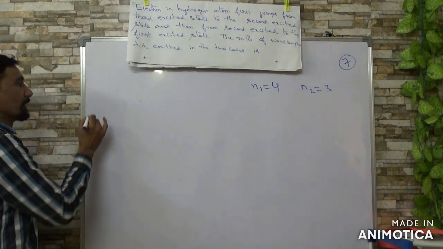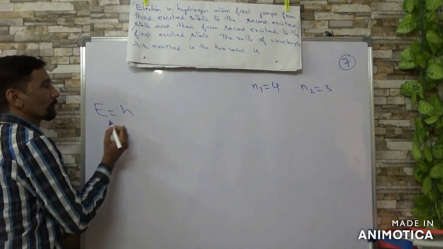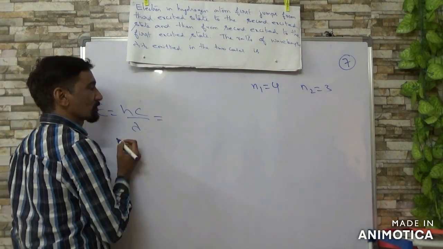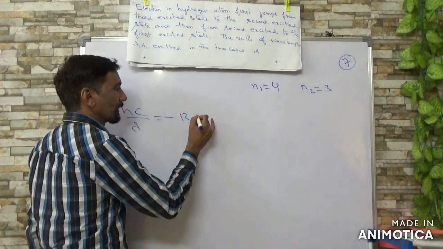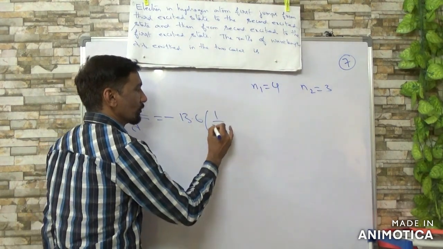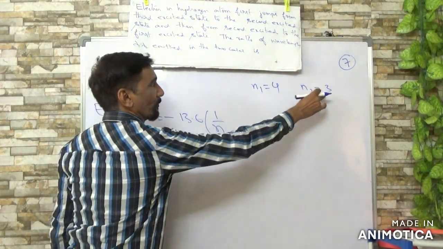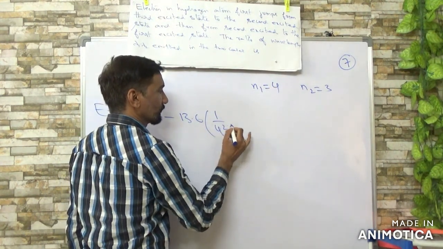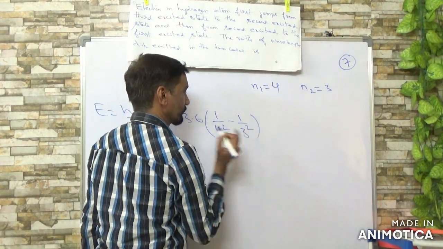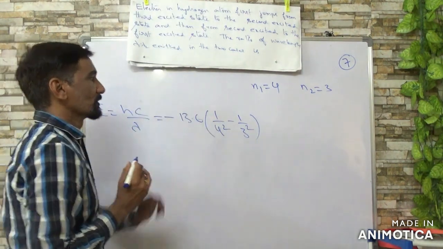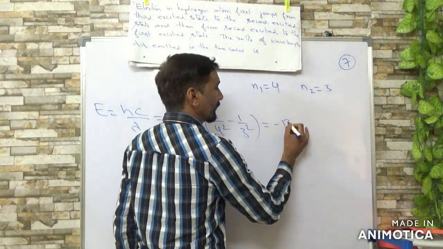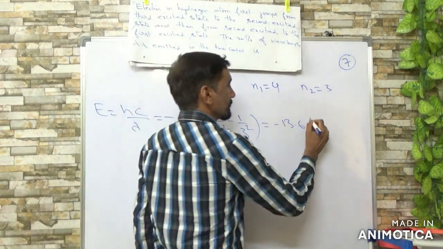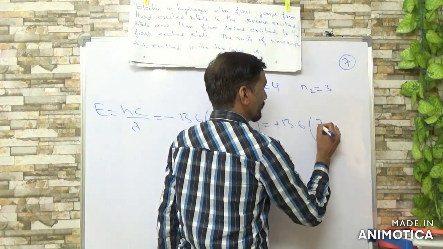So energy, hc by lambda, can also be taken as minus 13.6 of 1 by n1 square minus 1 by n2 square. When you simplify, you get 13.6 of 7 by 144.